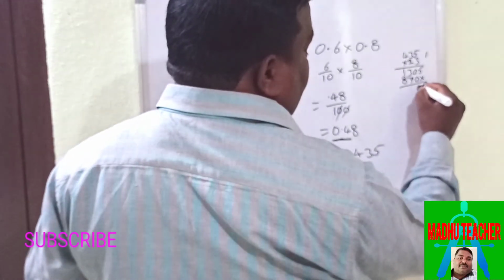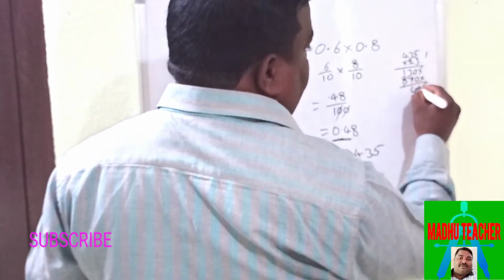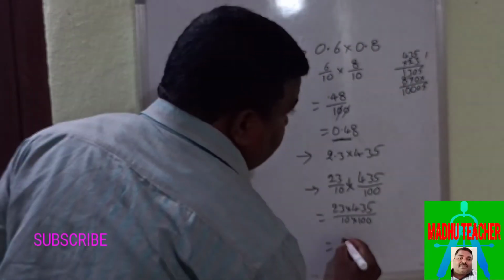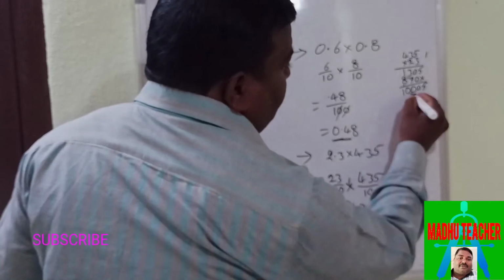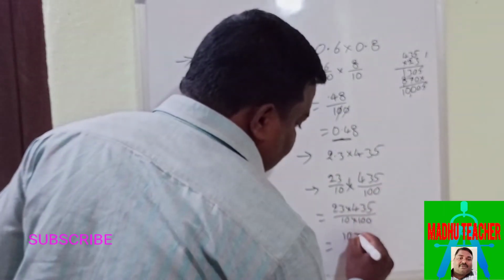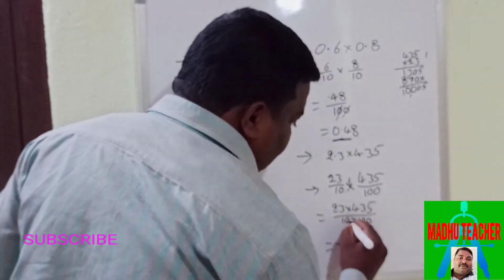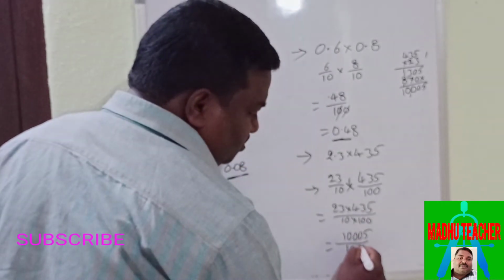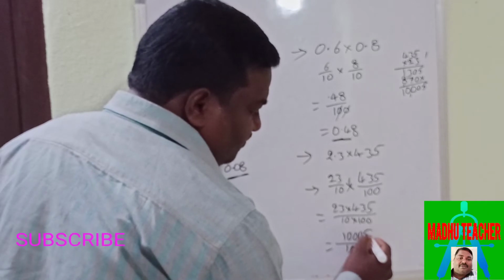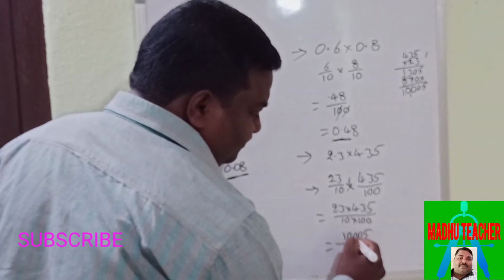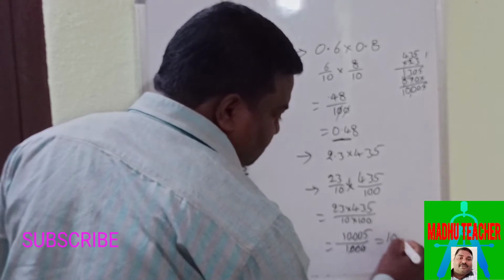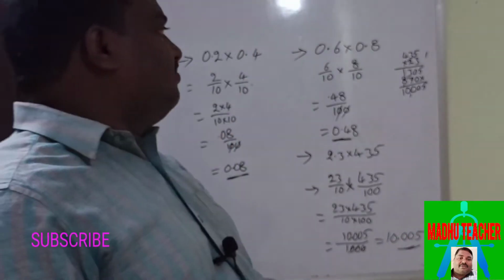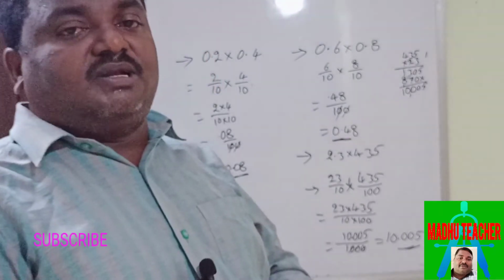Adding, we get 10,005. 10,005 by 10 into 100 is 1000. So 3 zeros cancel, put point before three digits, that equals 10.005. Like this we can multiply two decimal numbers.